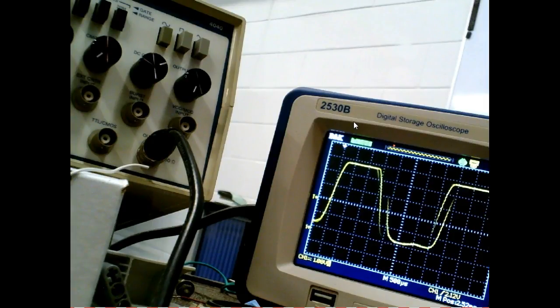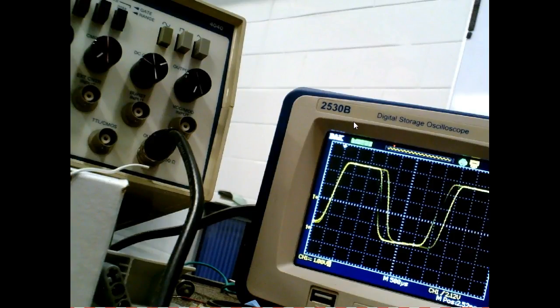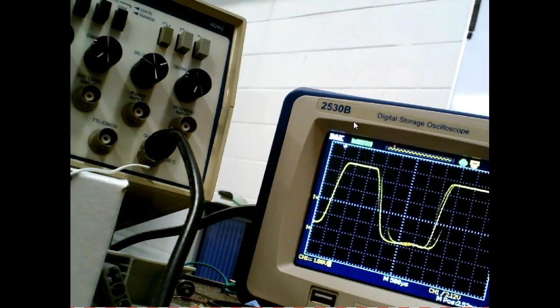So how fast is the motor running? Motors are not rated in milliseconds. Motors are not rated in time. What is the speed of a motor rated in? This is the international standard. RPM.